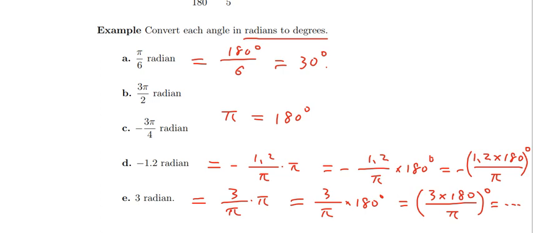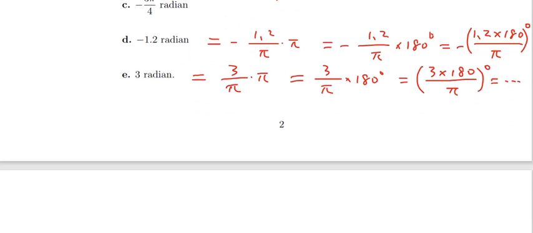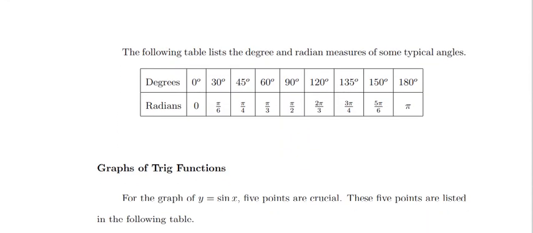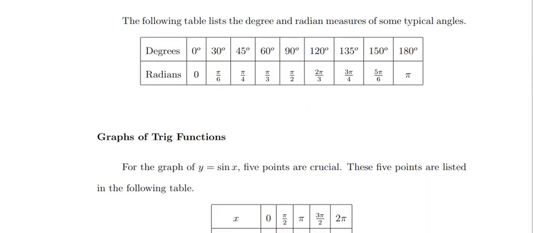Easy. I just remember 180 equals pi, or pi equals 180, right? We have typical angles like 30 degrees, 45 degrees, 60 degrees, or 90 degrees.